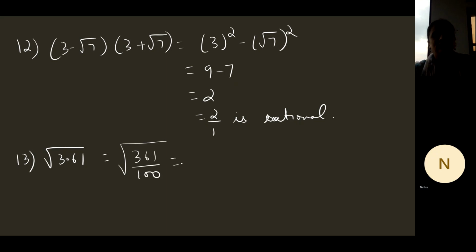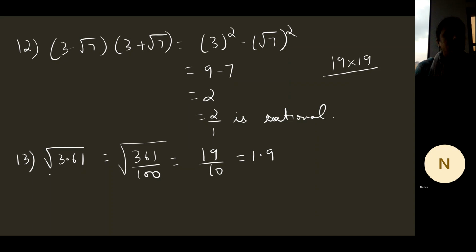What's the square root of 361? 19 into 19, multiply, you get 361. So it's 19 by 10, which is 1.9. Or you can just leave this as 19 by 10, or because the question is a decimal, you can leave this as 1.9. What is this? It is rational because it's a terminating decimal.